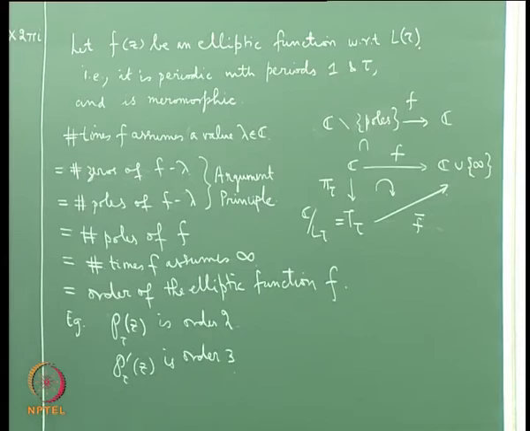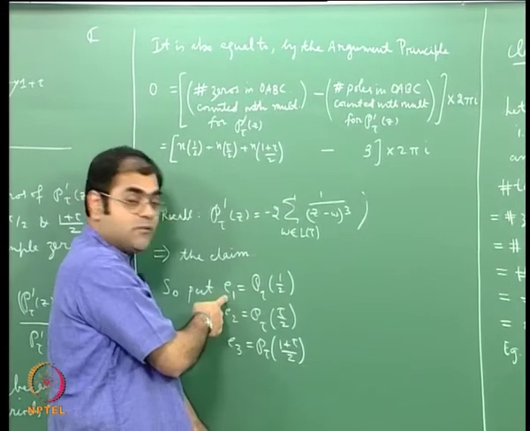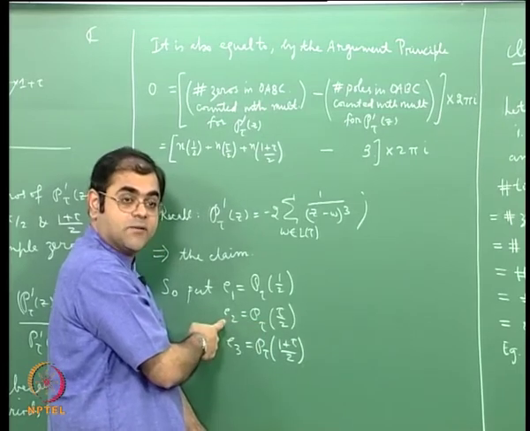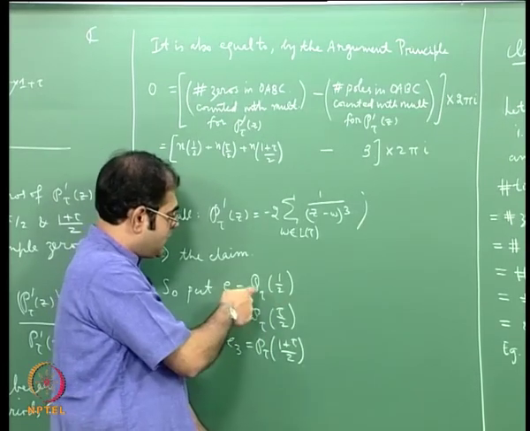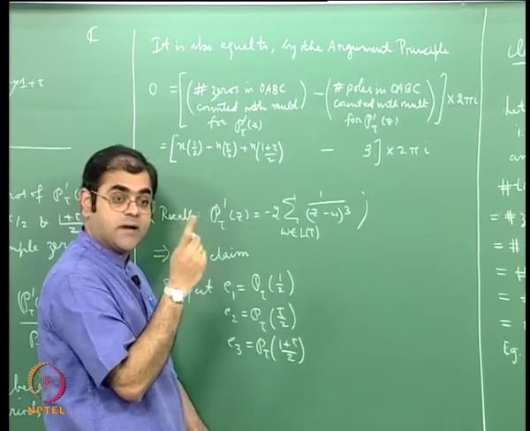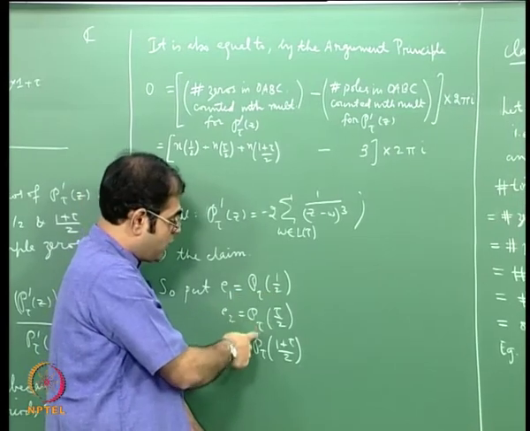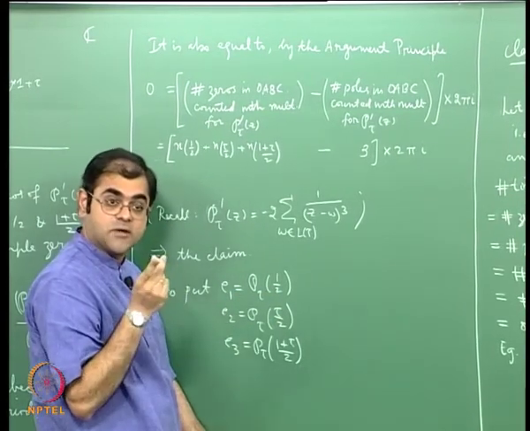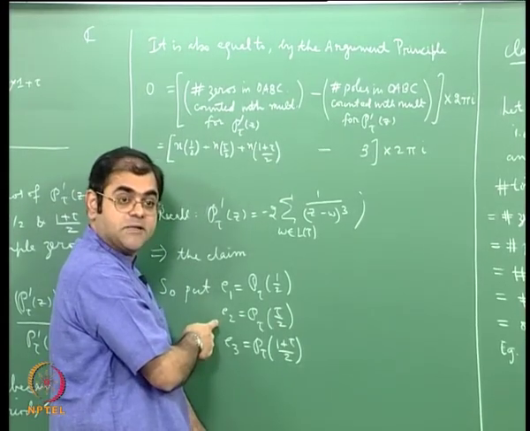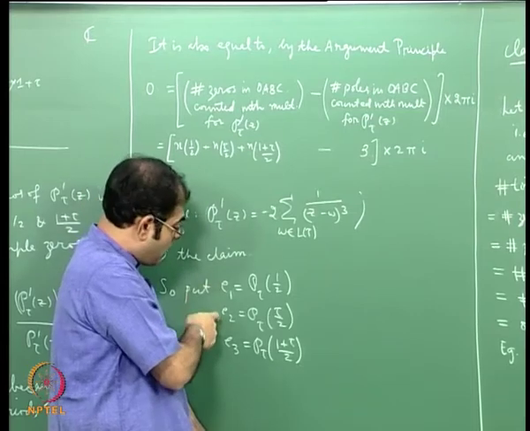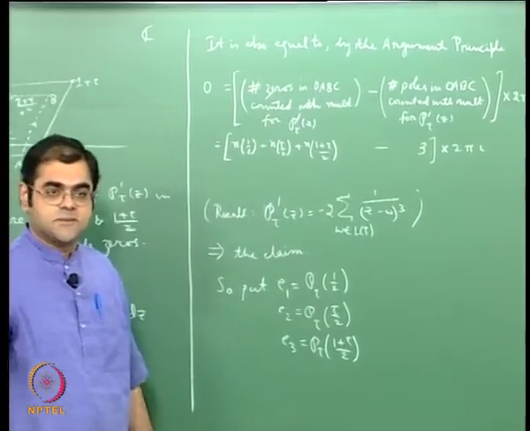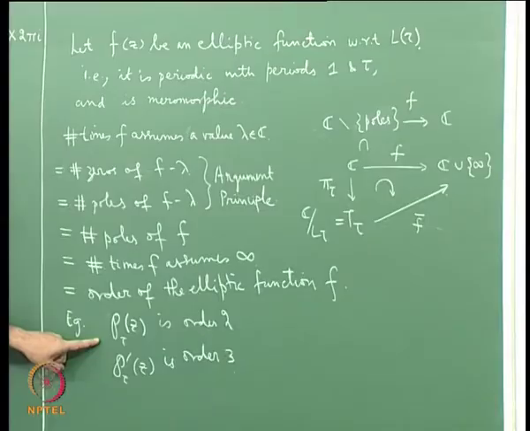So at half it will assume the value E1 twice, at tau by 2 it will assume the value E2 twice. That is another way of saying that p tau of z minus E1 has a zero of order 2 at half, and p tau of z minus E2 has a zero of order 2 at tau by 2. But if E1 is equal to E2, it will assume that common value 4 times. That is not possible because the order is 2.